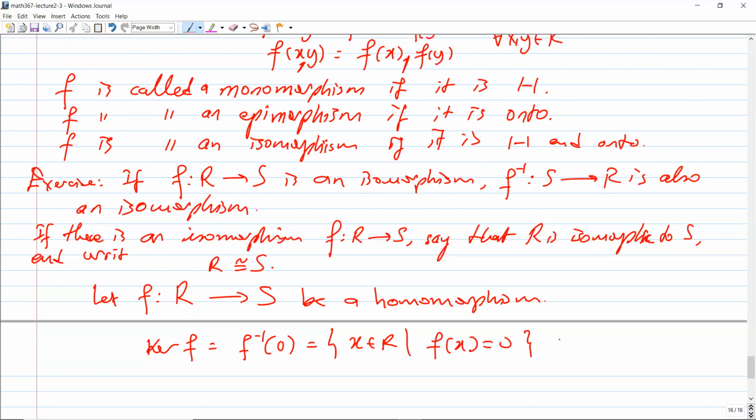This is a subset of R. This is called the kernel of f.